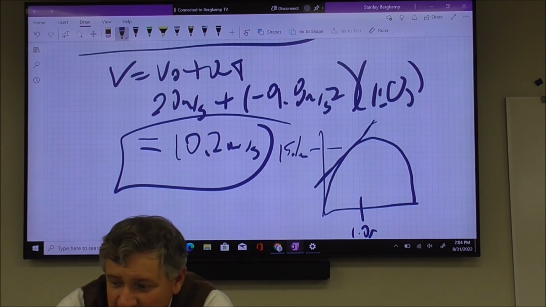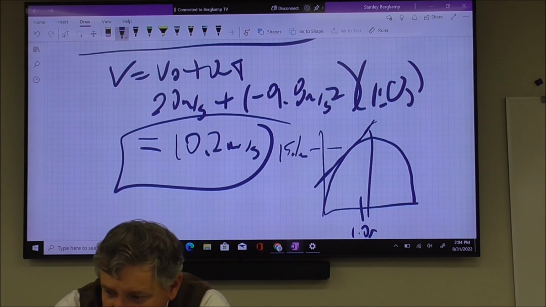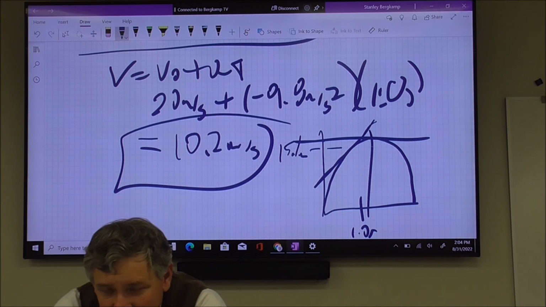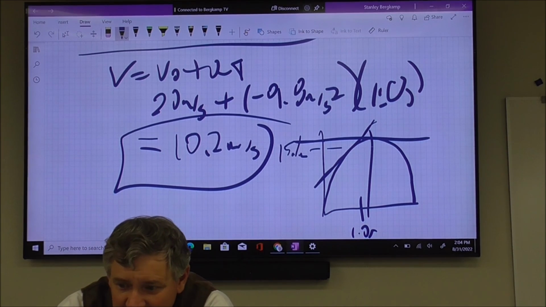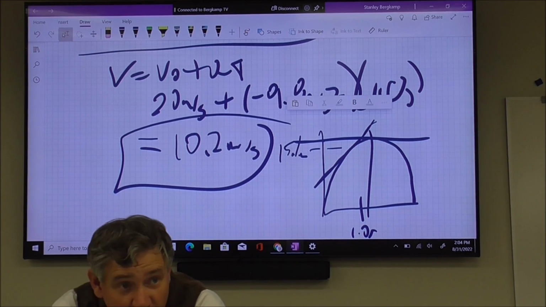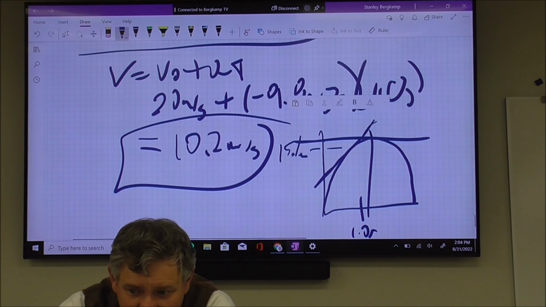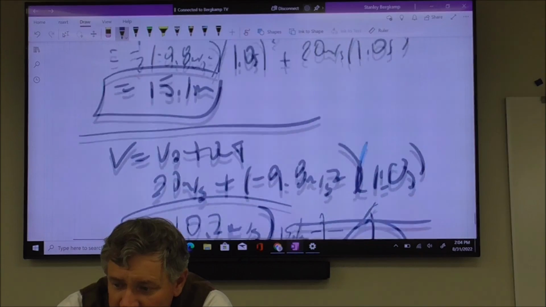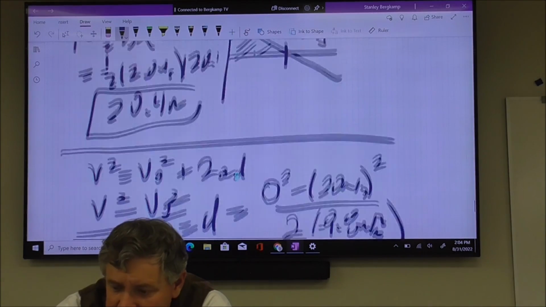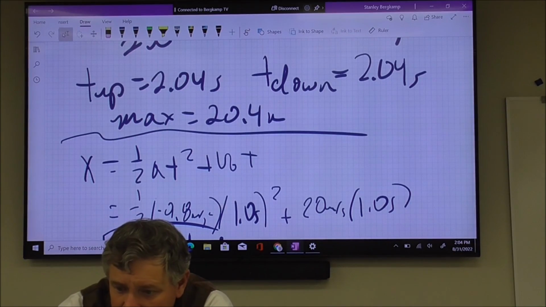Okay? If you go to 2.04 seconds, what's the slope of that tangent line going to be? 0. Because that's when you are at the top. So if you plug in 2.04 seconds in here, you're going to get a velocity of 0. Okay?